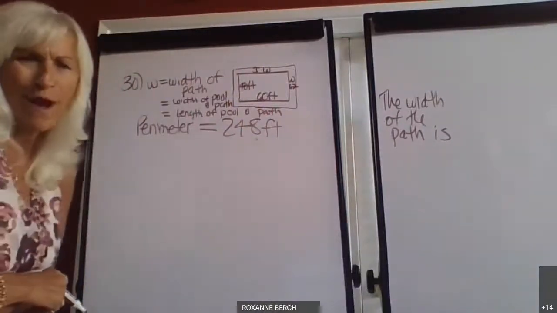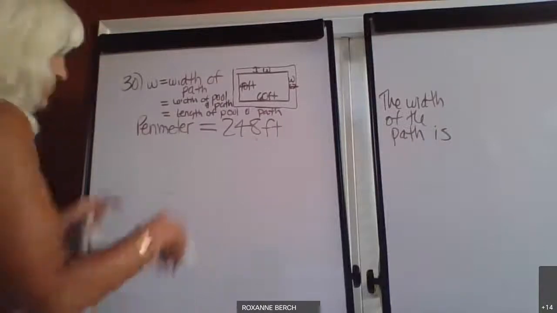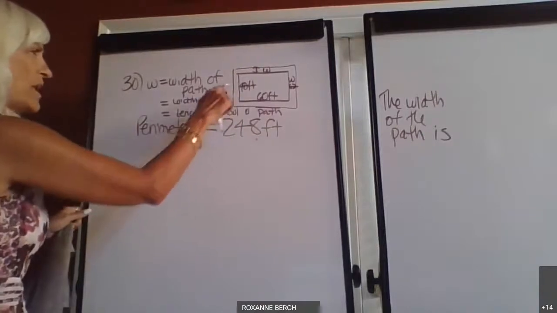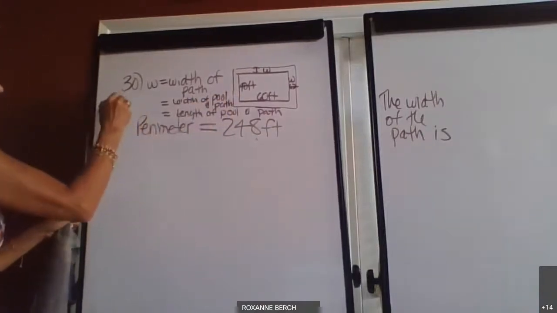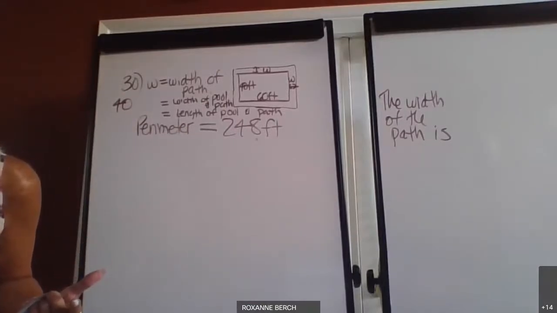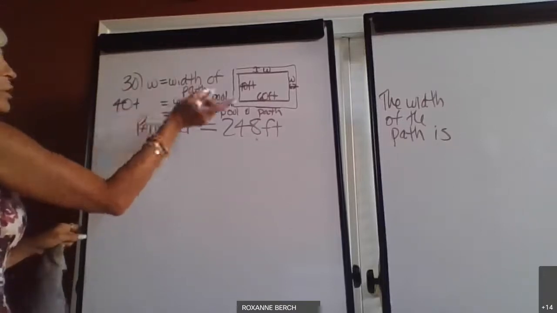And notice that I'm just writing. So don't be afraid just to write. So I still don't know what I'm doing, okay? So I'm just writing stuff. So the width of the pool, we know, is 40. And wouldn't plus the path be plus W? And there's two of them.